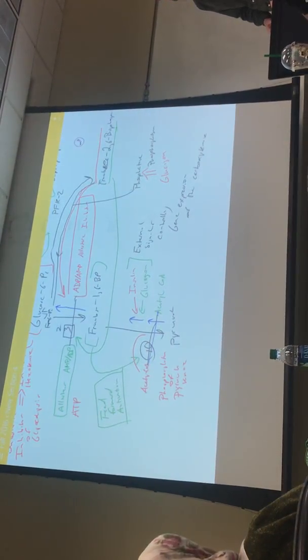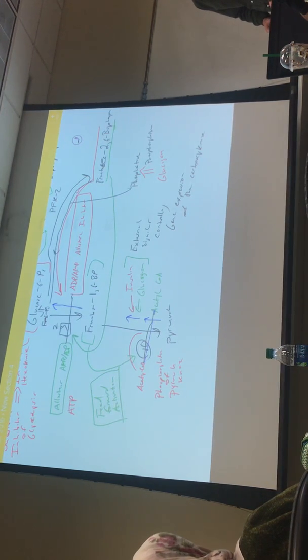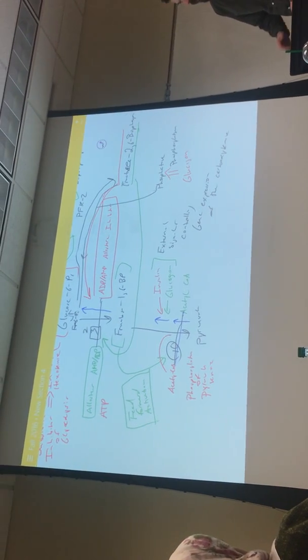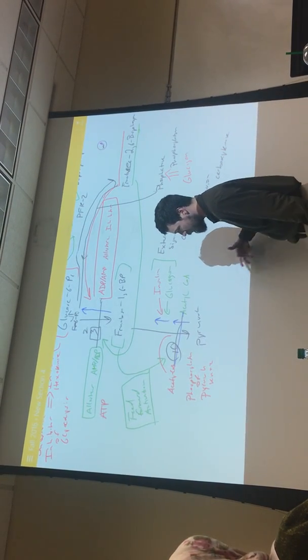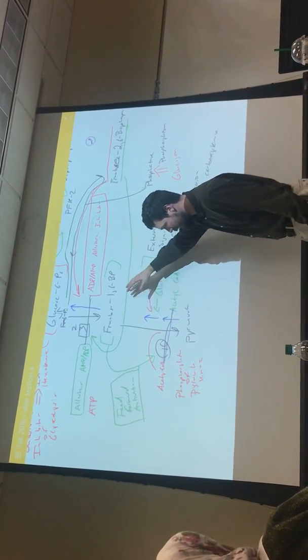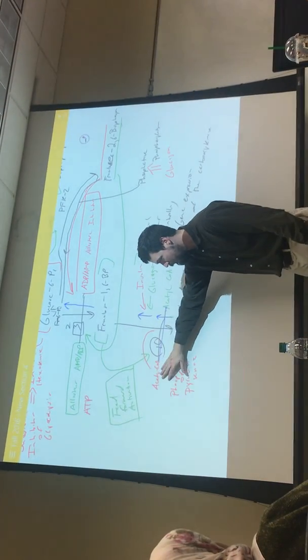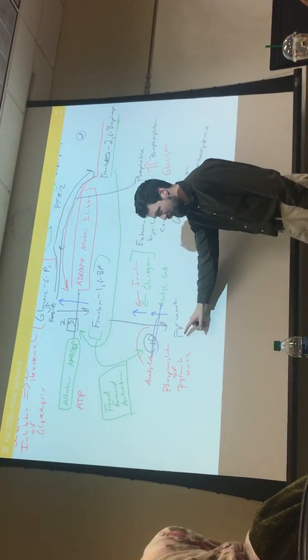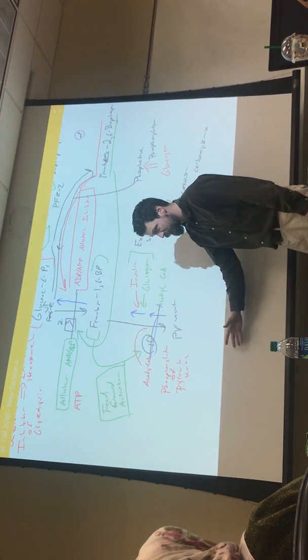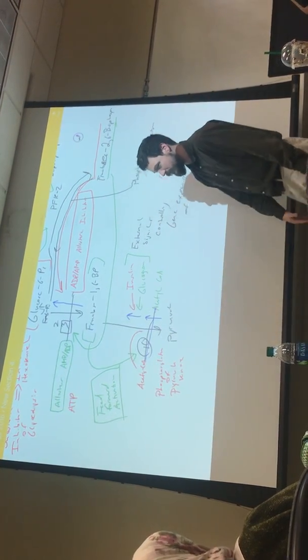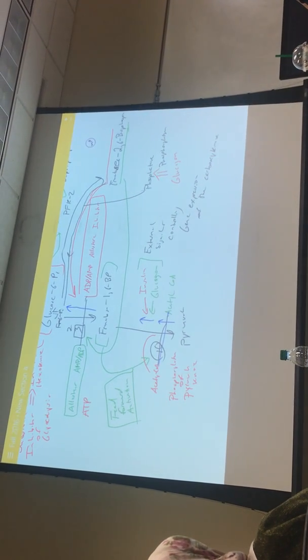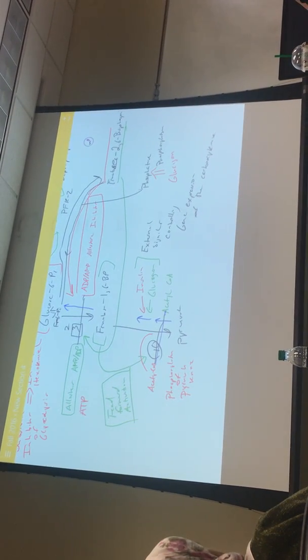Does that make sense? So that's why. Activate this. We've got plenty of stuff coming through down here. Well, let's use it to make glucose. Turn off. We've got everything backed up here either because we have plenty of energy coming through here or because, well, we want to make glucose in the liver. So we want to expend some of that energy. Does that make sense? Y'all okay with that?